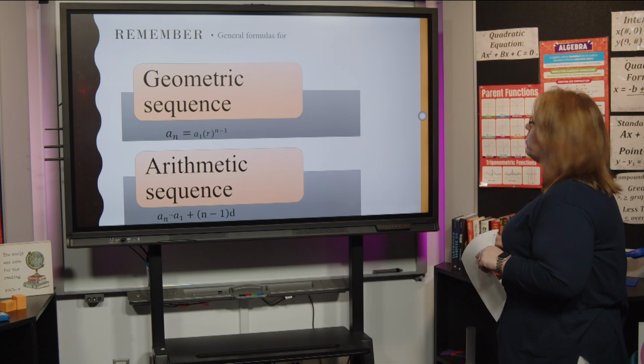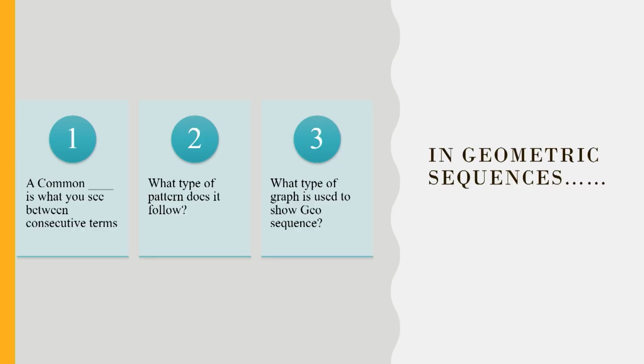So here we go. It says, in geometric sequences, I have a common blank between the consecutive terms. So we said we had a common ratio. And then it says, what type of pattern does it follow? It follows, for geometric, exponential.